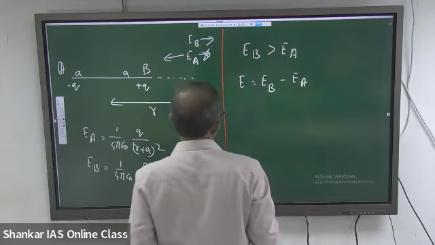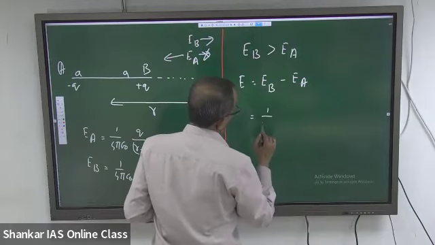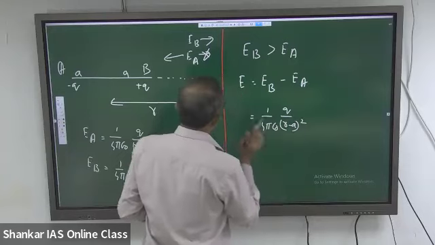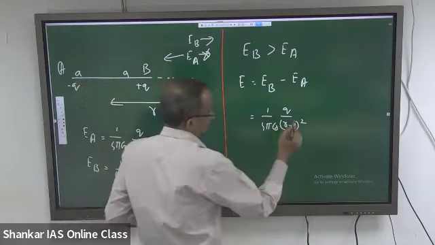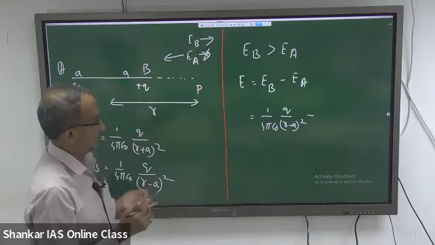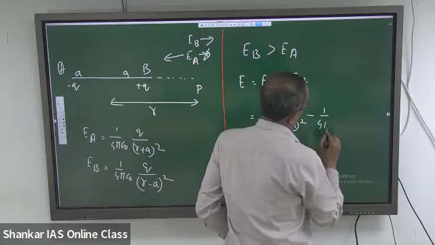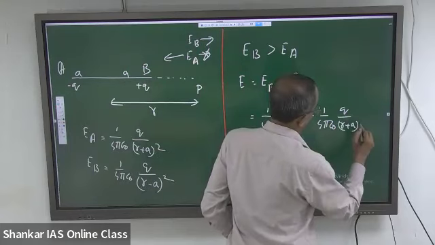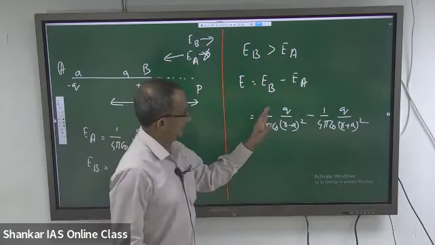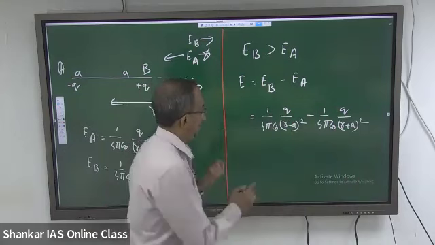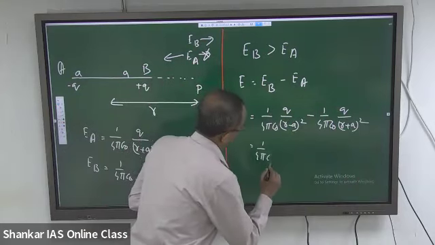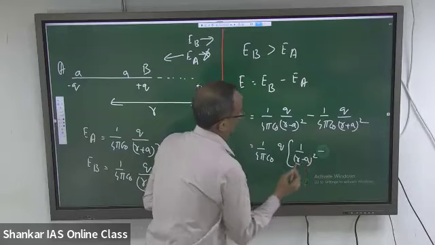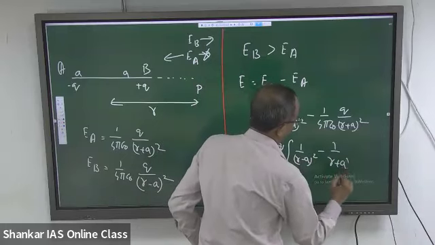This will be equal to 1 by 4 pi epsilon naught Q by R minus A the whole square, because EB is in this direction, minus EA, which will be in the opposite direction, 1 by 4 pi epsilon naught Q by R plus A the whole square. Here 1 by 4 pi epsilon naught Q can be taken outside. 1 by 4 pi epsilon naught Q into 1 by R minus A the whole squared minus 1 by R plus A the whole square.